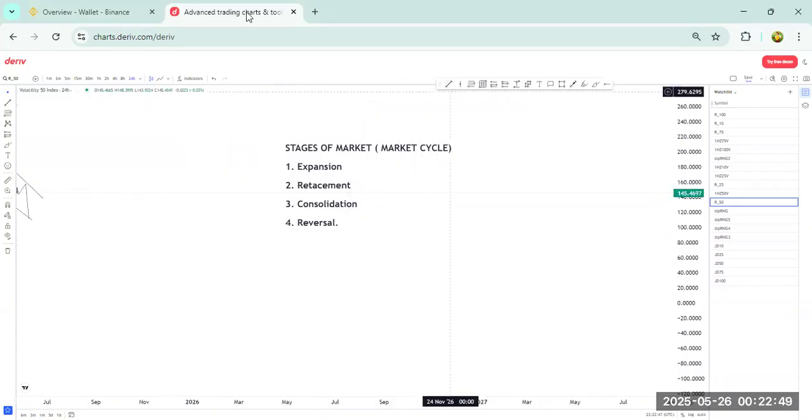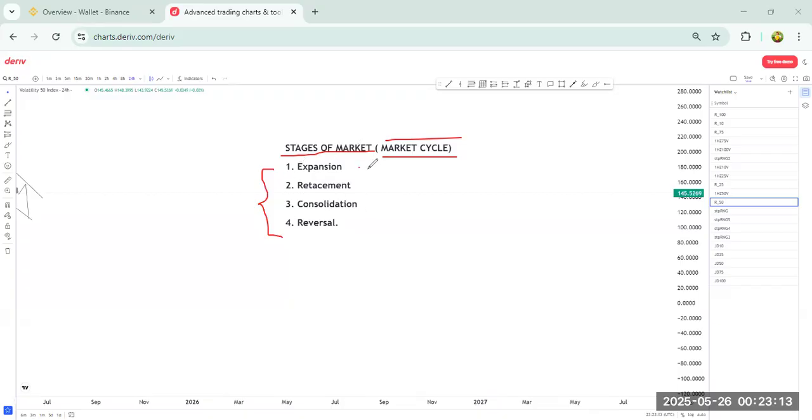So we are looking at stages of the markets, we mean market cycle, or price cycle if you wish. Almost all the time, price is doing one of these four things.